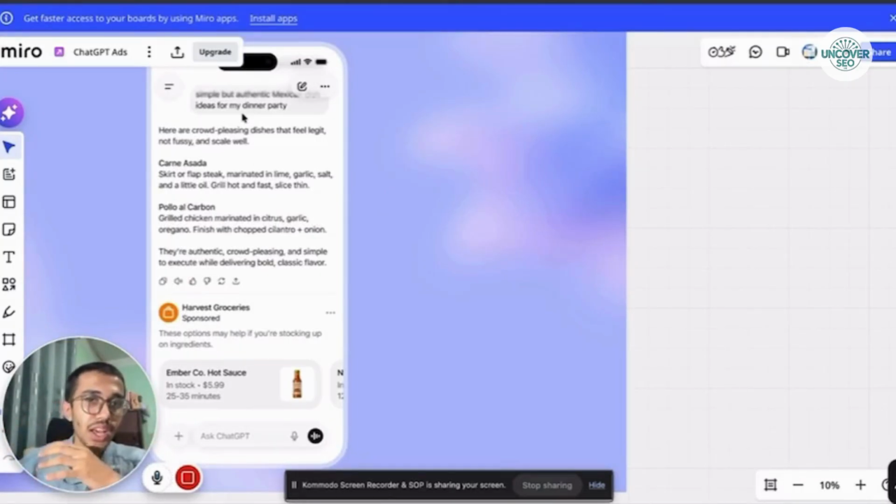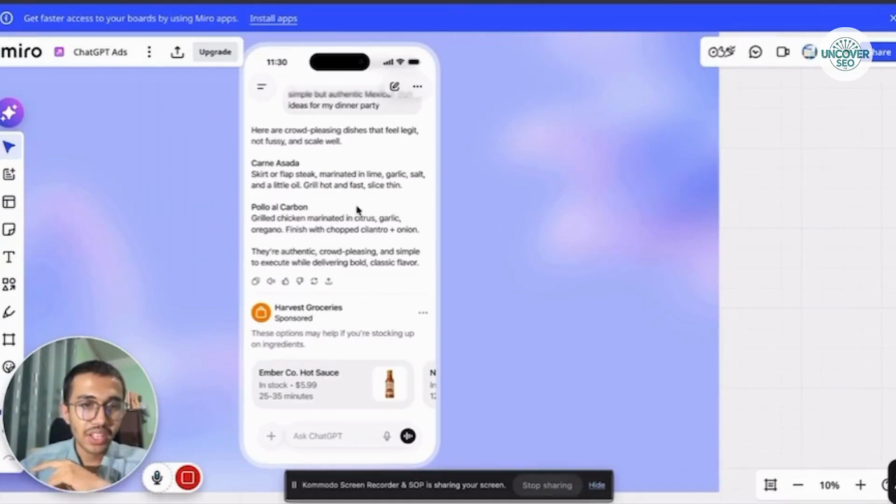Again, ChatGPT ads will be highly contextual. So what does contextual mean? It means the ad will be relevant to what the user is asking for. Let's say the user is asking about simple authentic Mexican ideas for a dinner party, and there's the organic response, and after that there's a hot sauce ad which is relevant to the conversation.